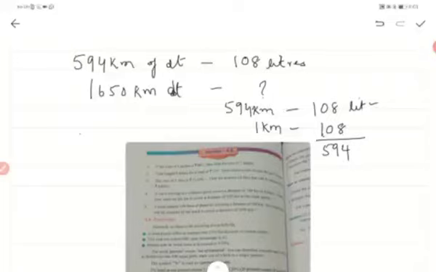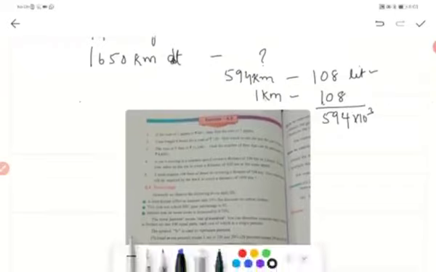kilometers. Now see, remember kilo is 10 raised to 3. If you put this, or you need not put it anyway.